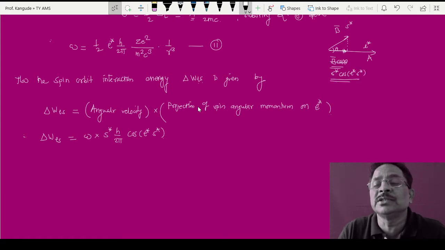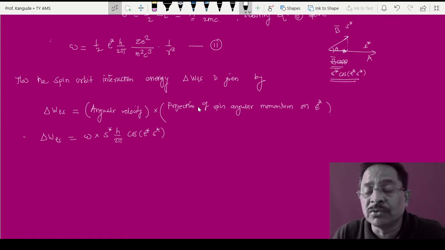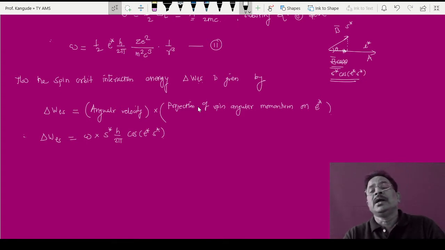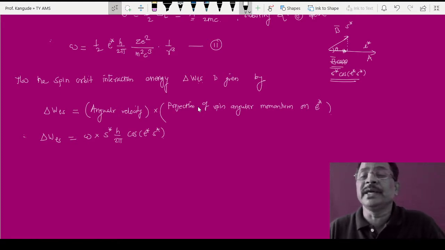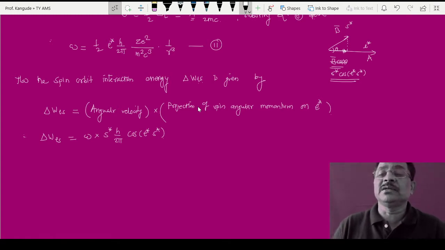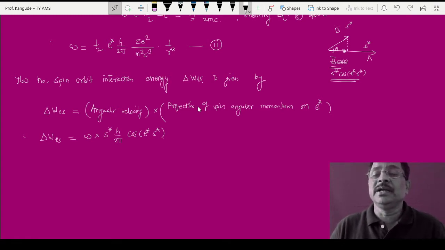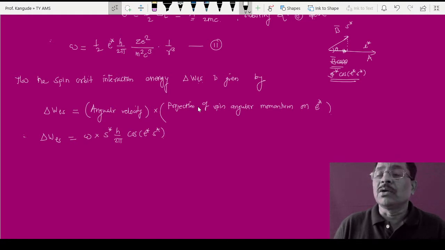So this relationship is just what I have shown here, A bar and B bar. Taking the projection of B bar on A bar, we write the projection vector to be B bar into cos theta. In the same lines, I am using the projection of S star over L star by this factor. So it is S star into cosine of, instead of writing theta, I am writing the angle between L star and S star.